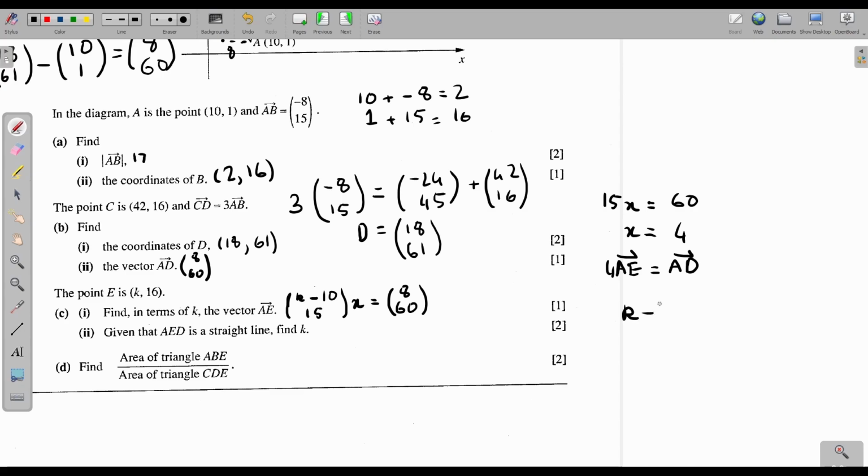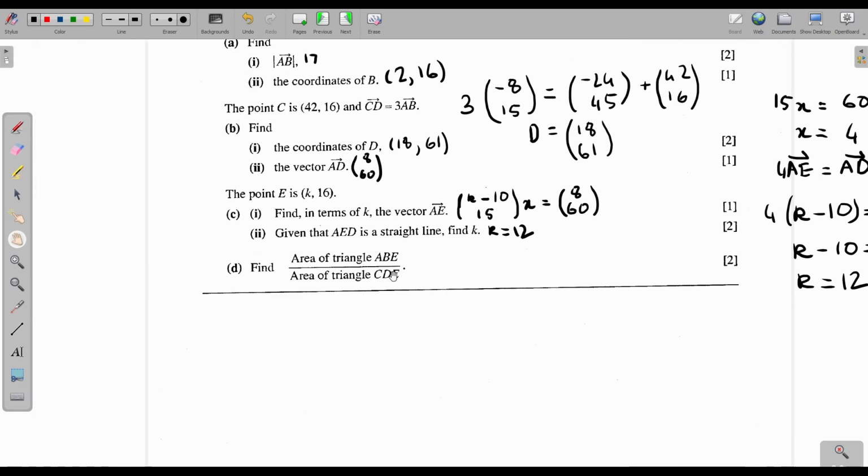So K minus 10 multiplied by 4 gives us 8, which means K minus 10 gives us 2, since I divided both sides by 4. K gives us 12 if I add 10 to both sides. So K is equal to 12. Let me just double check my math again. Okay, everything seems correct so far.